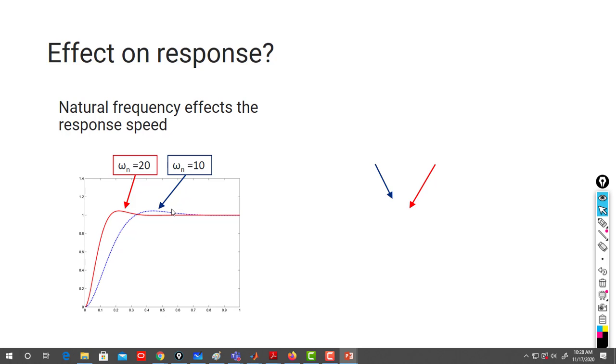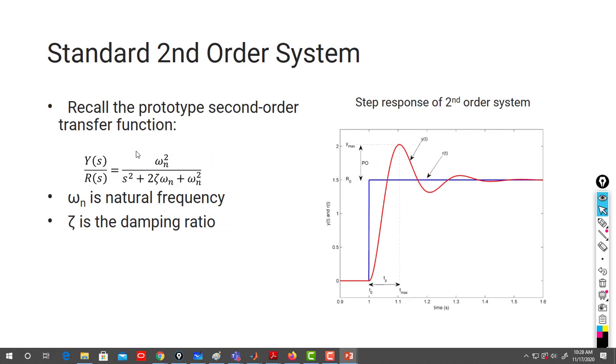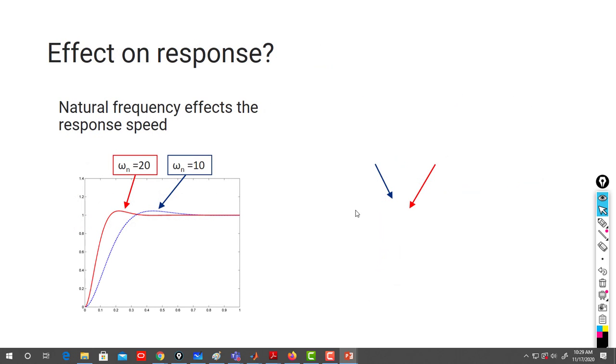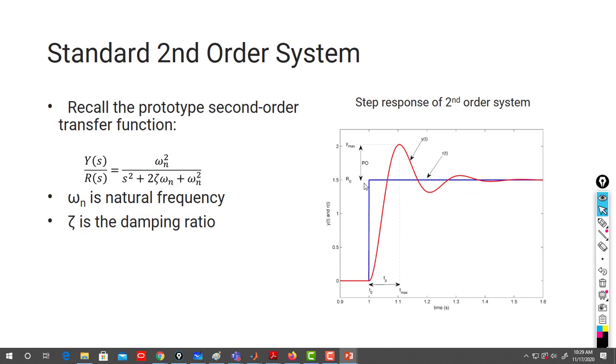As you can see, between 10 radian per second and 20 radian per second. So if I have the system like that and I apply a step input, here they take a step of 1.5, it doesn't matter. You take a value of zeta and try two different values of omega n and look at the step response.